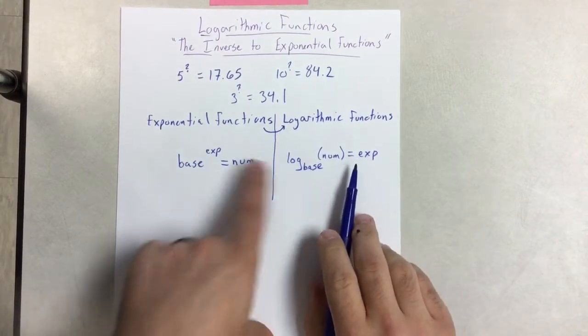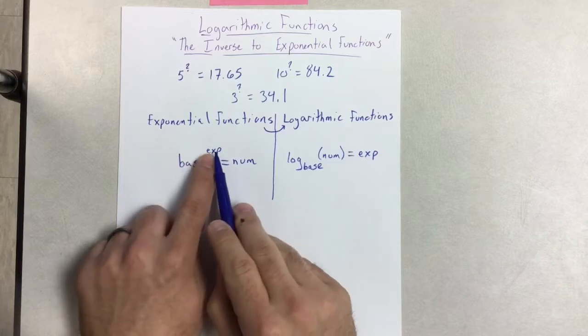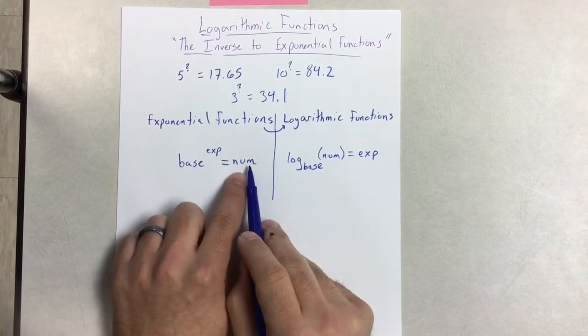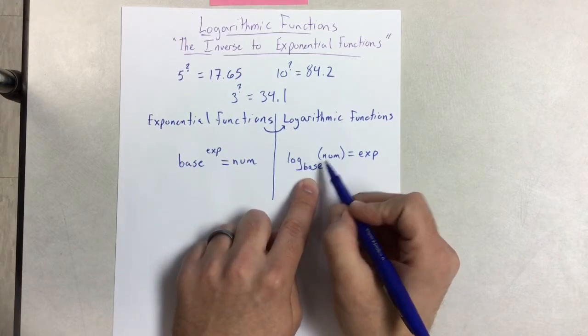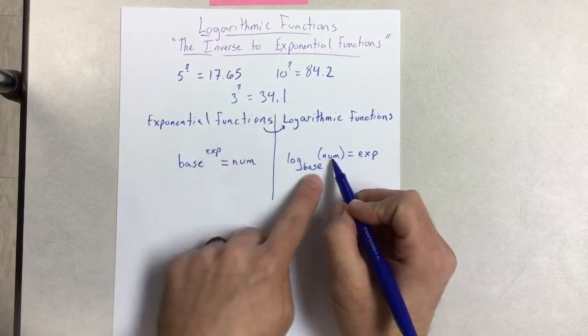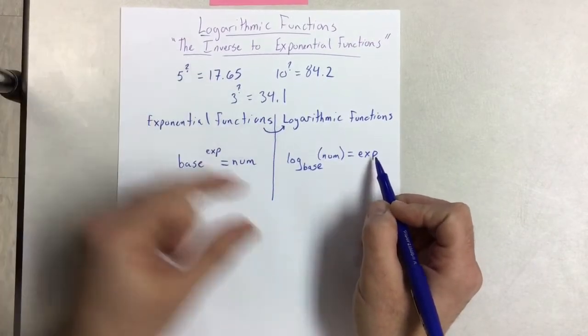So let's compare the two. I raise the base to some exponent and I get a numerical value. Well, if I take the log of a certain base of the number I desire, I find the exponent that's needed. So this relates us back to our beginning.